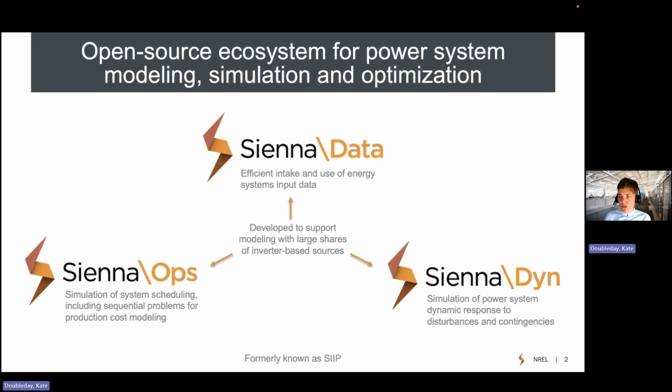It also supports sequential simulations for production cost modeling. The third application is Sienna Dyne, which enables system transient analysis, including small signal stability and full system dynamic simulations. All three applications were developed to support modeling with large shares of inverter-based resources like wind and solar. And today we'll be focusing on Sienna Ops.